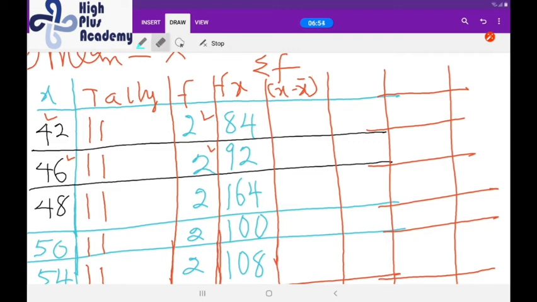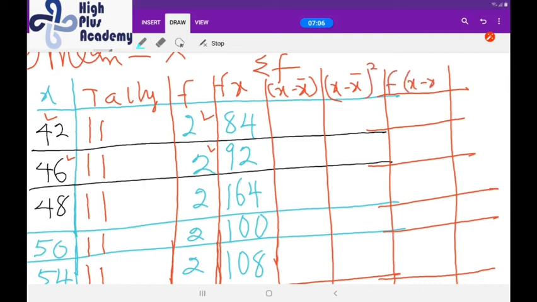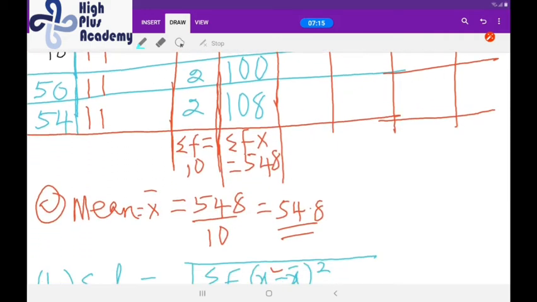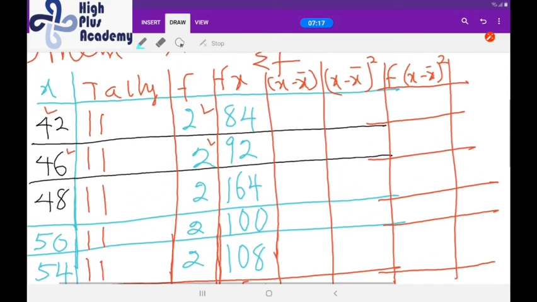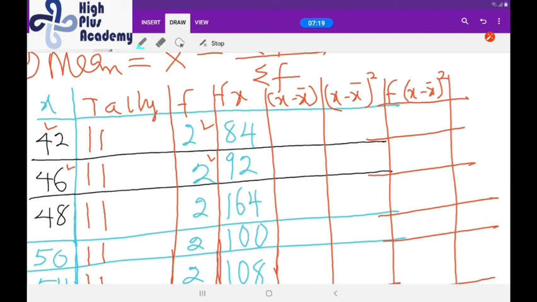Then we need x minus x bar. From the formula we have, square it. Then we now need f into x minus x bar squared. I will just do one, then I will populate the rest. Now it means 42, that is x, minus mean 54.8. So you'll be getting minus 12.8.